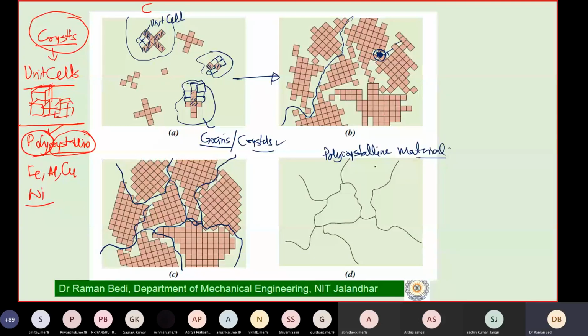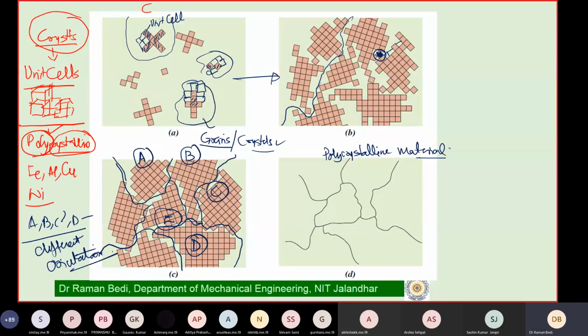So this happens to be your polycrystalline material, which is now having grains which have grown in different orientations. If I talk about grain A, grain B, grain C, D, E, and so on, they have got different orientations. Their orientation is different.